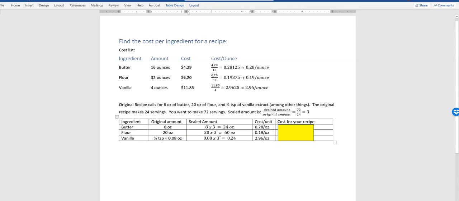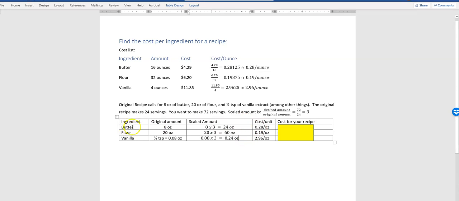And just a word about that, half a teaspoon, if you don't know what a half a teaspoon is in ounces, then you should just go online and type in convert 1/2 teaspoon to ounces. There's sites out there. I've put links to them in your assignment, but also you can just Google that anytime you want to know what that conversion is.